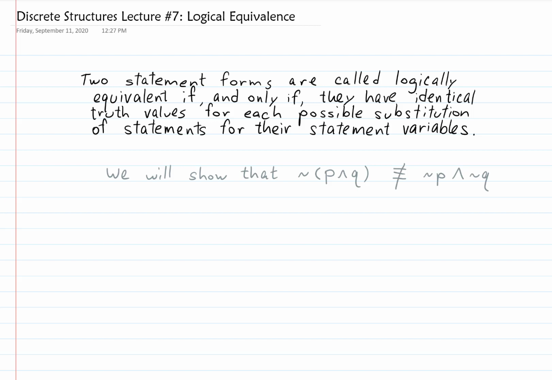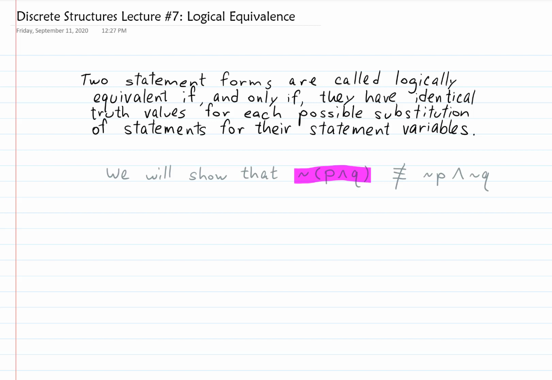Okay, so remember now, these are statement forms, not statements. They're just made up of variables and symbols. So they're neither true nor false on their own. But this statement form right here, for instance, whether that's true or false depends entirely upon whether P stands for something true or false and Q stands for something true or false.